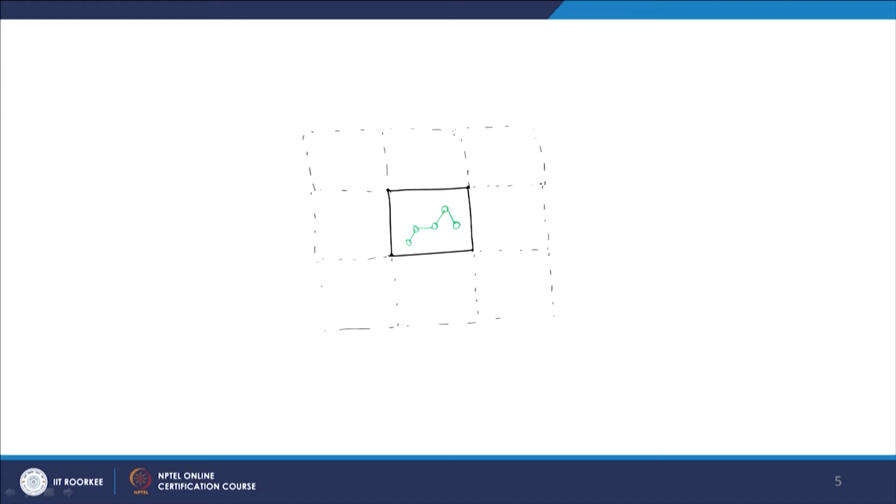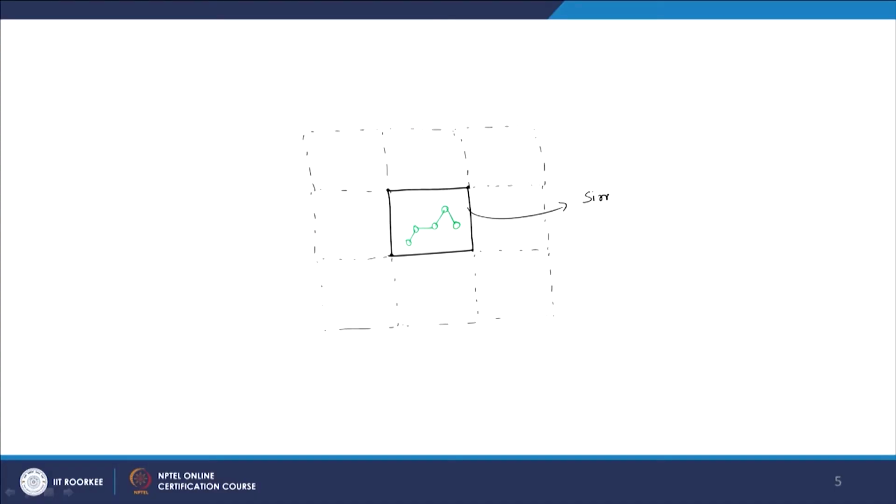And just like a polymer chain is contained in the box I am simulating, so this is my simulation box, and these guys are my periodic replicas.